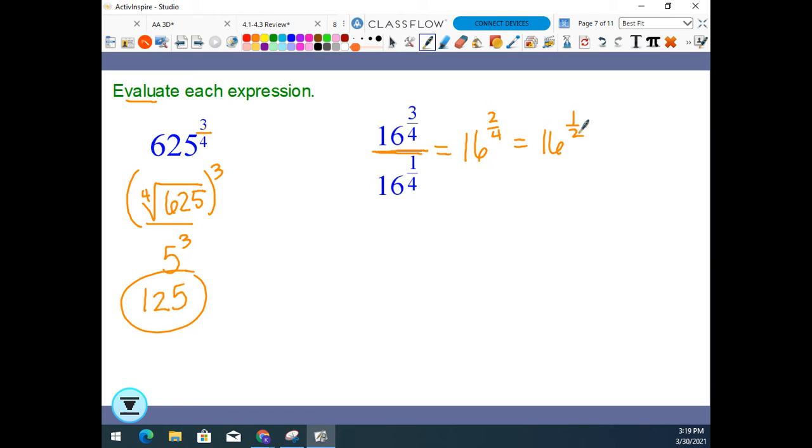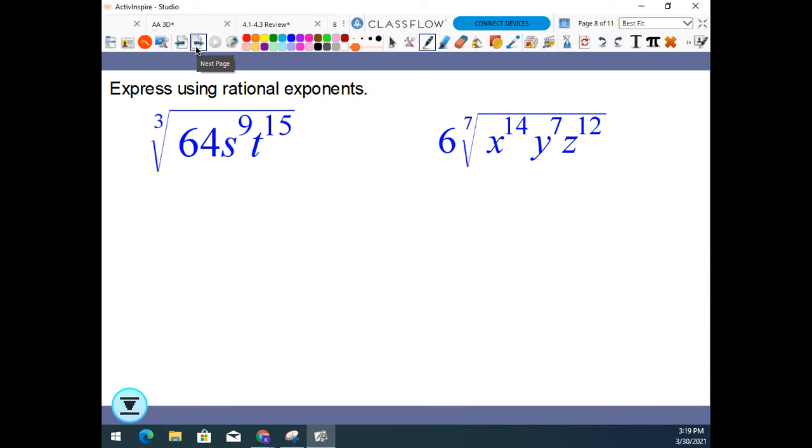But the 1/2 power is the same thing as the square root of 16, and the square root of 16 is 4. Everything's getting broken down to a simple value. That's what the directions of evaluate mean.